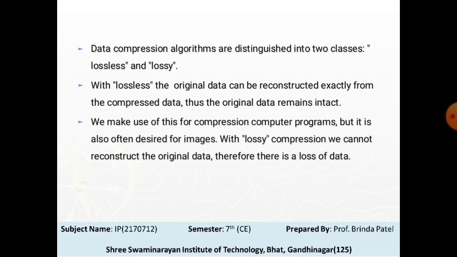With lossy compression we cannot reconstruct the original data, therefore there is a loss of data. So it must be made sure that the relevant information remains intact, and that depends on the further applications one may want with the data. In general, lossy compression methods reach a higher compression than lossless methods.